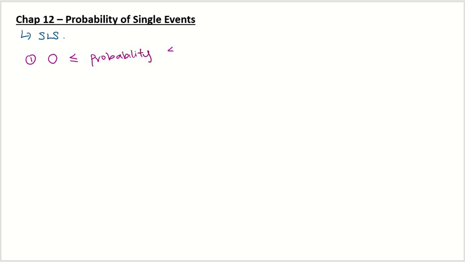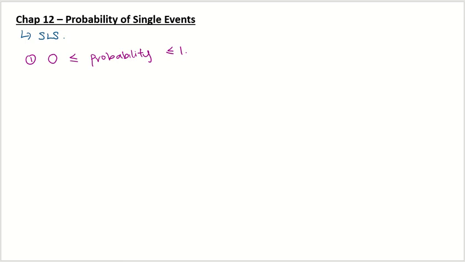Let's say your final answer for the probability of a certain event is 1.5. You know the answer is wrong, because the value can only lie between 0 and 1. So it can be like 0.2, 0.3, all the way to, of course, a maximum of 1. This is the first point.